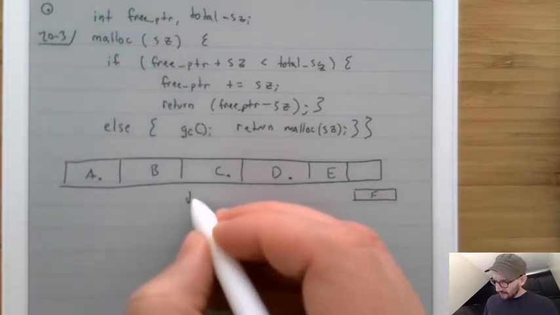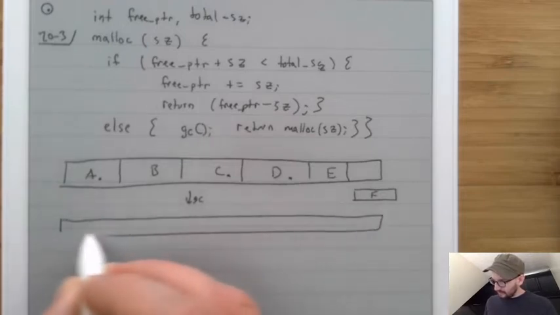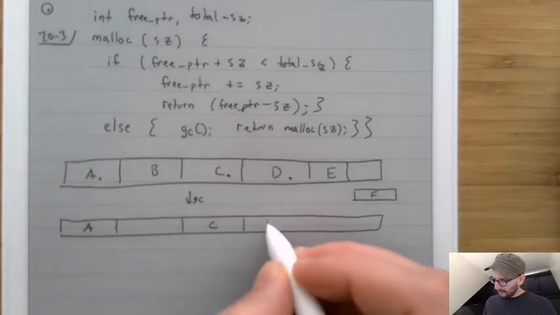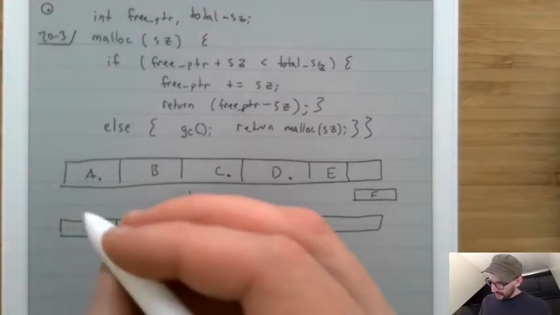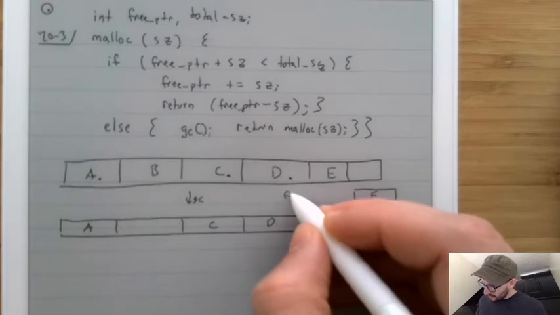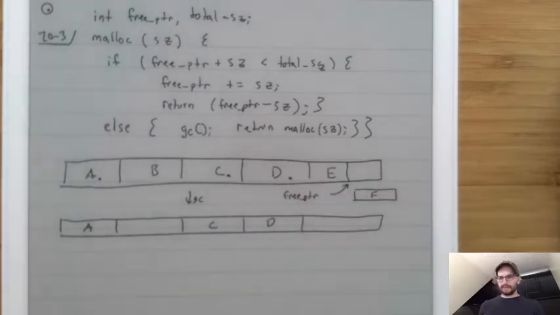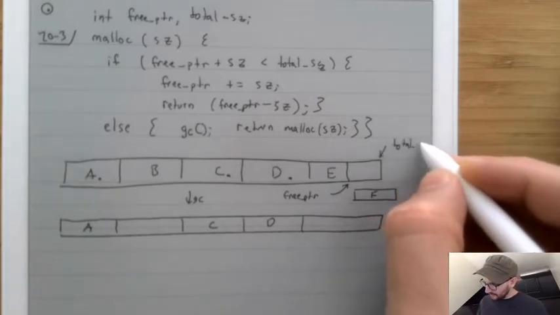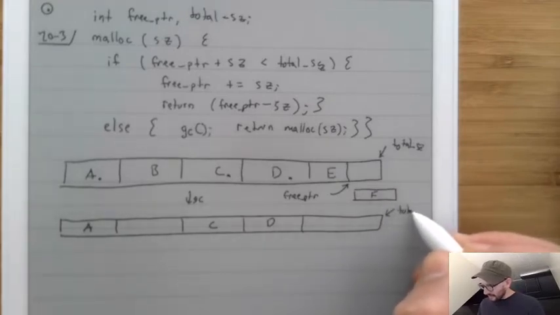And then after garbage collection, we would end up with this. Okay, now we have to say what the free pointer is going to point to. It used to be that the free pointer pointed to that spot right there. And this value right here, that's total size. So afterwards, this is still total size.